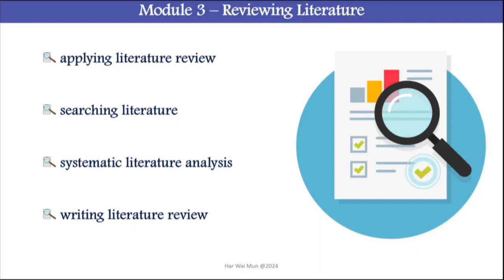It's more like you are telling other people what others have done, in what direction they have done. And therefore, there is a literature gap, where it's important but not yet done. And that literature gap is actually at which part? For example, later on we go for some example, so systematic literature. Okay, we start with the first one, applying literature review.